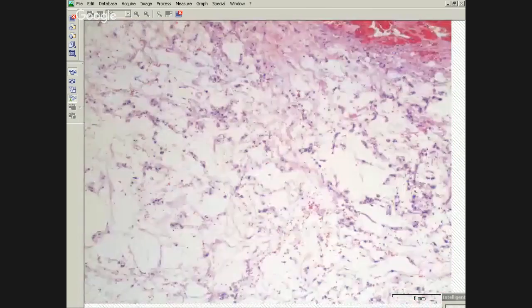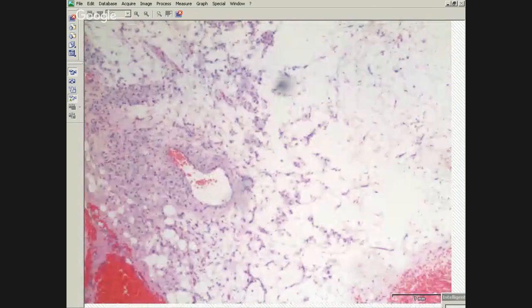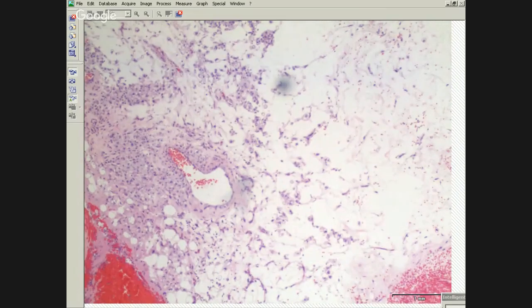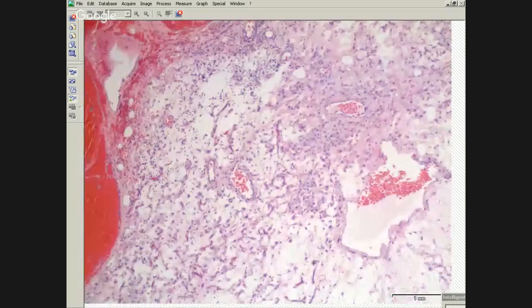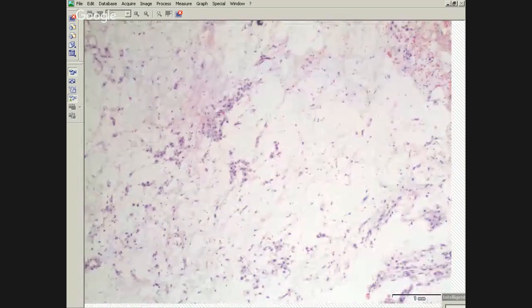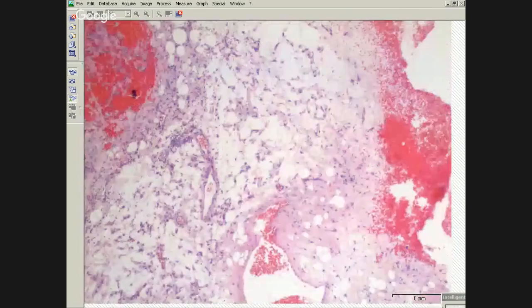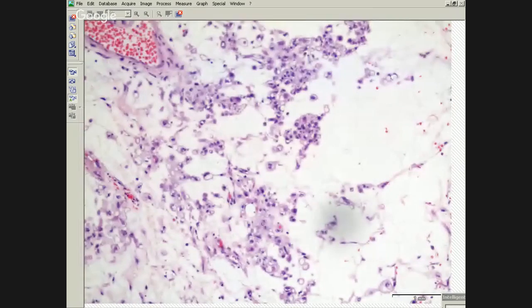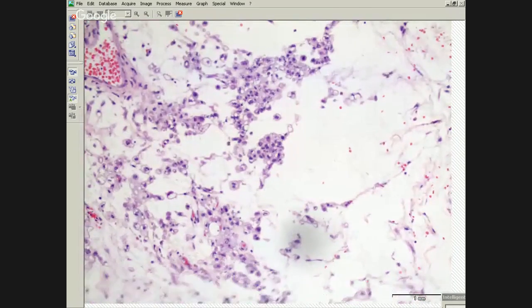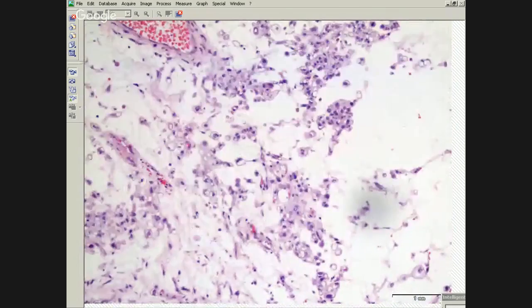This would be more typical to present as a big mass encasing the hemithorax. There's a lot of myxoid background, some vascularity, and cells are in small clusters. Still, there are some signet ring-like cells, but they are coming in small groups and nests. And the cells have a lot of vacuolated cytoplasm that we can appreciate.